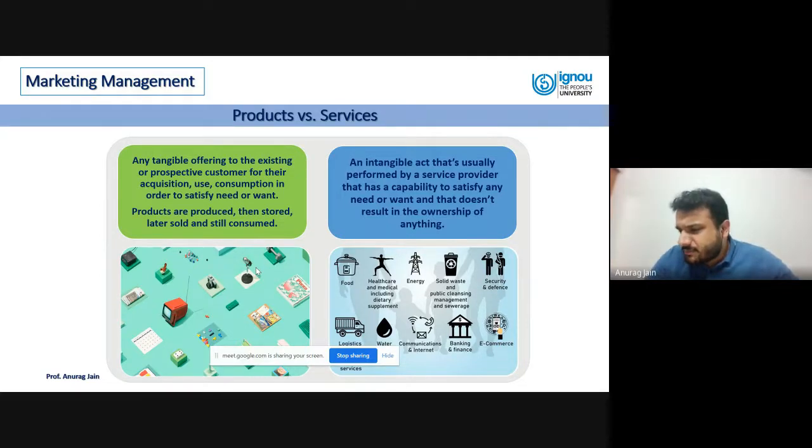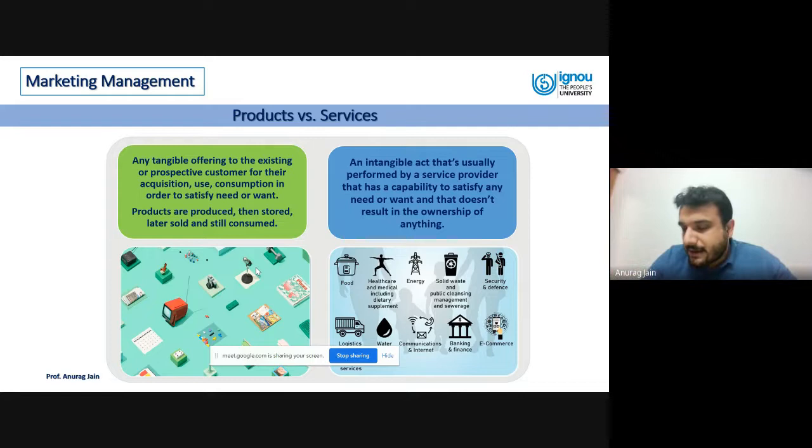So there are different products. I'm not going into details of what we are going to call products and what we are going to call services, but products are very much different from services. Why? Because a service is an intangible act, usually performed by a service provider, that has the capability to satisfy a need or want, and very importantly, does not result in the ownership of anything.